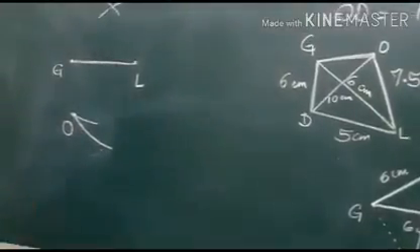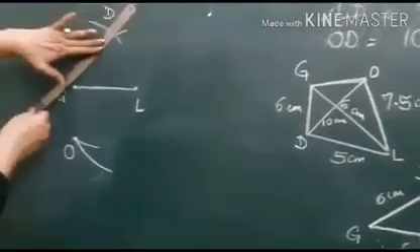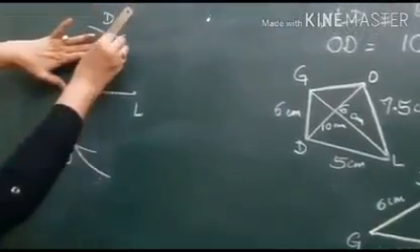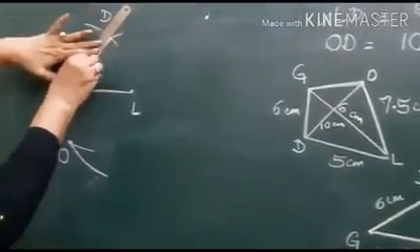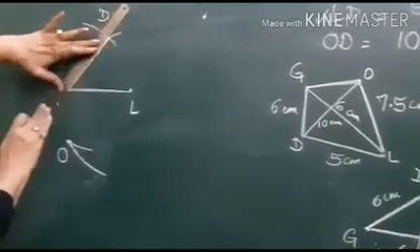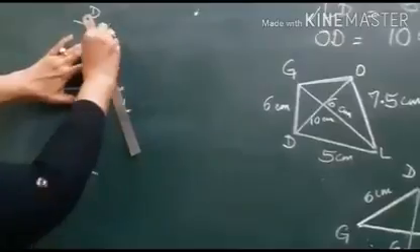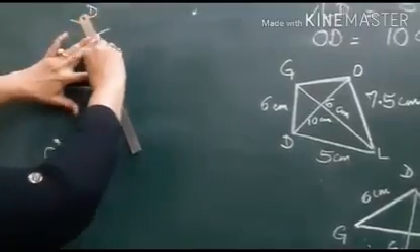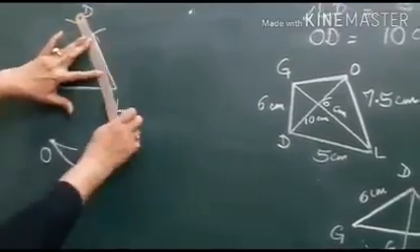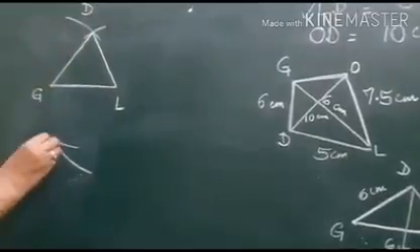When we got these points, now we will join. GD was one side, DL is the second side. This is where the two arcs are meeting.